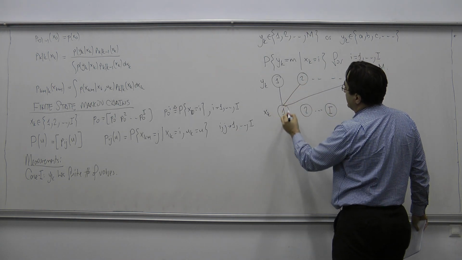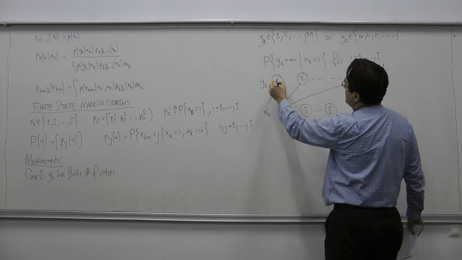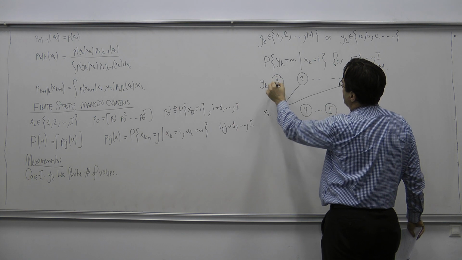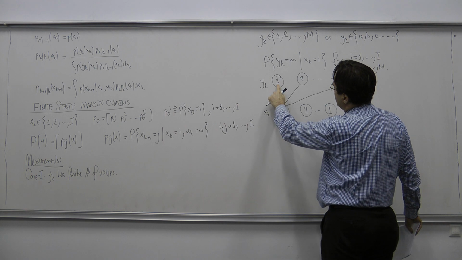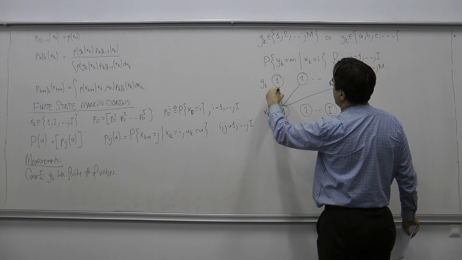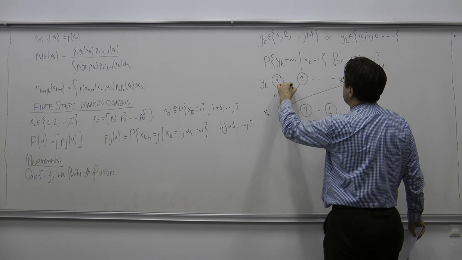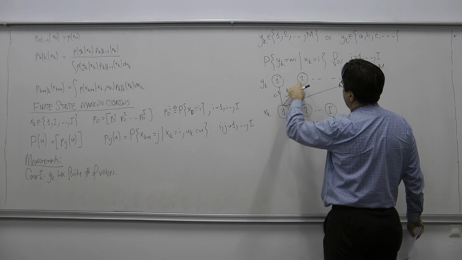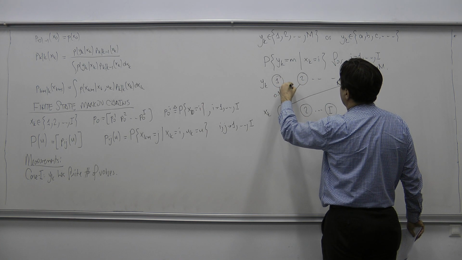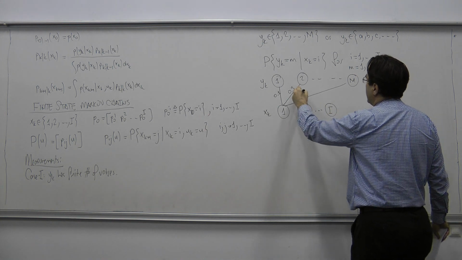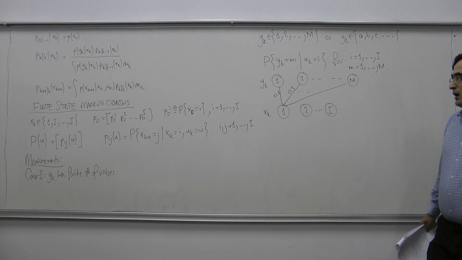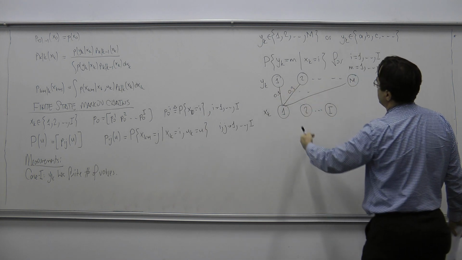Here at state 1, the output can take the value 1 with, let us say, 0.1 probability. Let us say it can take the value 2 with 0.3 probability, and etc. I have to know all of these probabilities.